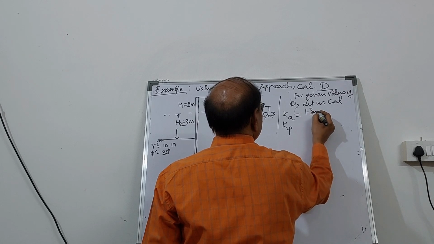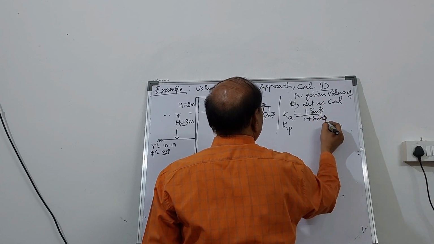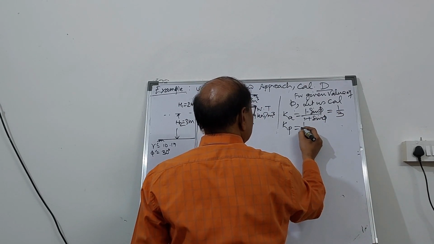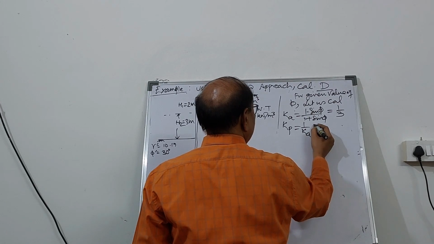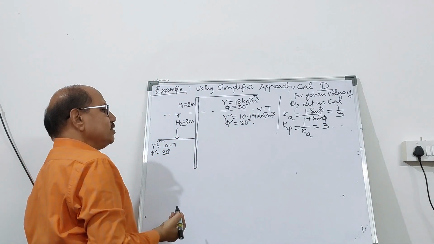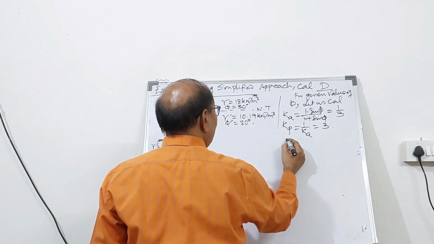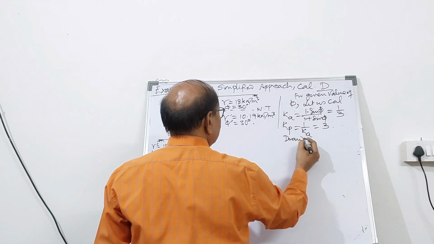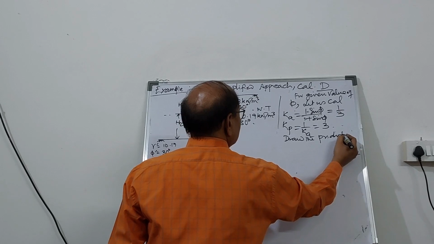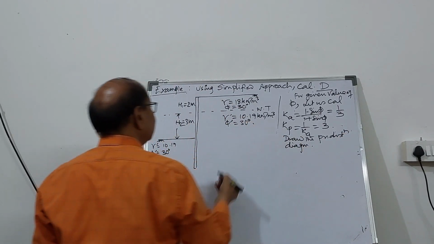K is going to be (1 minus sine phi) upon (1 plus sine phi), and for phi 30 degree, this is going to be 1 by 3. And Kp is 1 upon K. So the solution begins like this. And then you need to draw the pressure distribution diagram as we have just now seen.